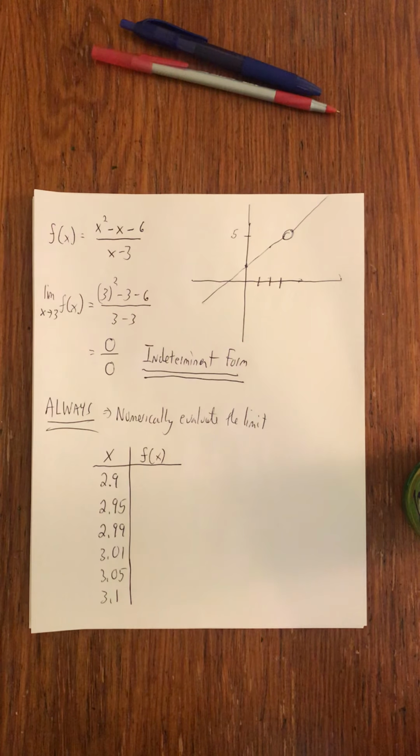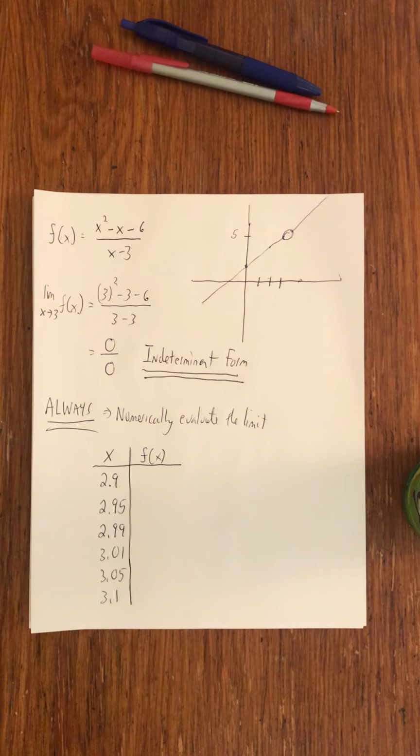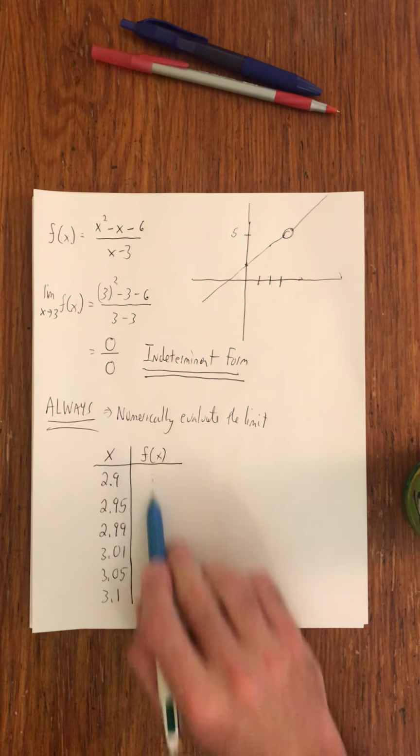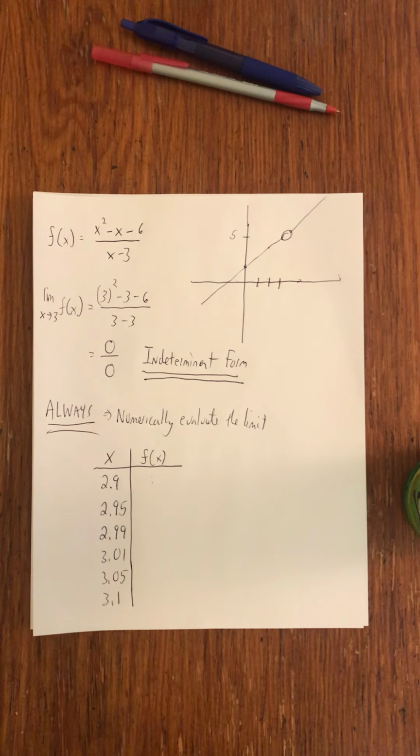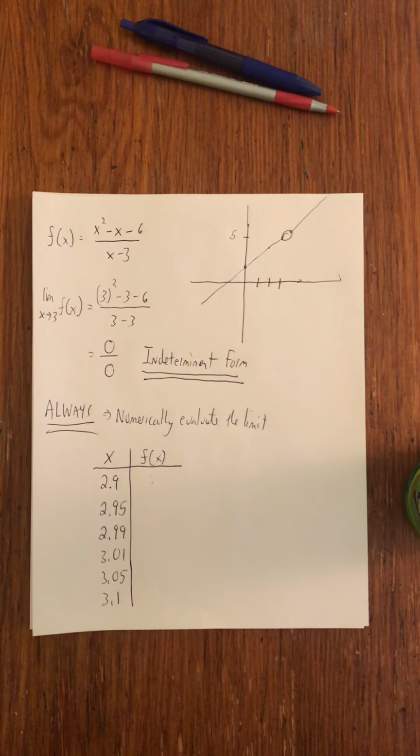But remember that idea in your math class is getting closer and closer without being at, and having confidence that f of x is getting closer and closer to the same value. So you can turn off the video for a second and calculate all of those values for me while I grab my calculator, which is in the other room.